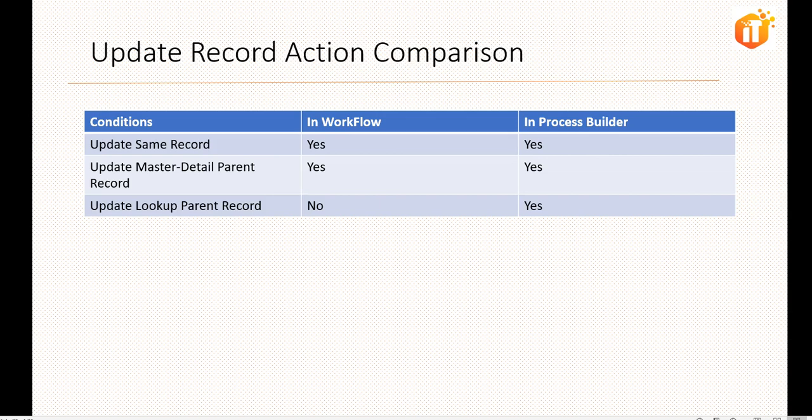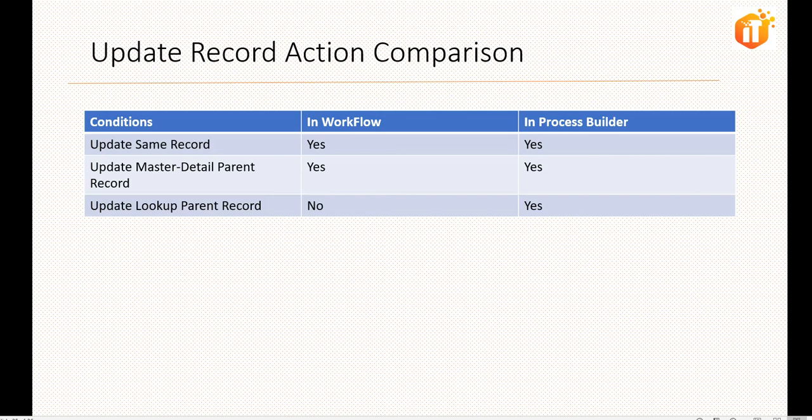We checked our independent actions, we did our scheduled actions. This is all that we can do with the help of a process builder. In workflows we had only 4 actions that we can perform, but in process builder we have 8 to 9 actions, out of which 1 or 2 or 3 might be related to customization.